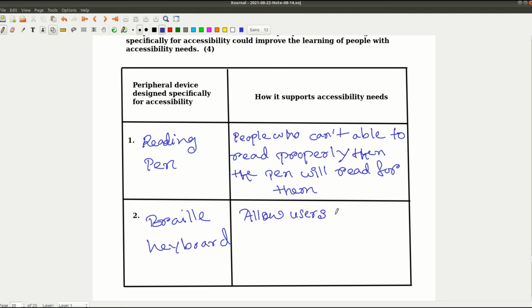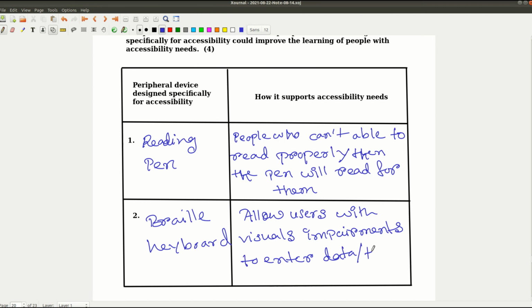It allows users with visual impairment to enter data or type. So okay, move to the next question.